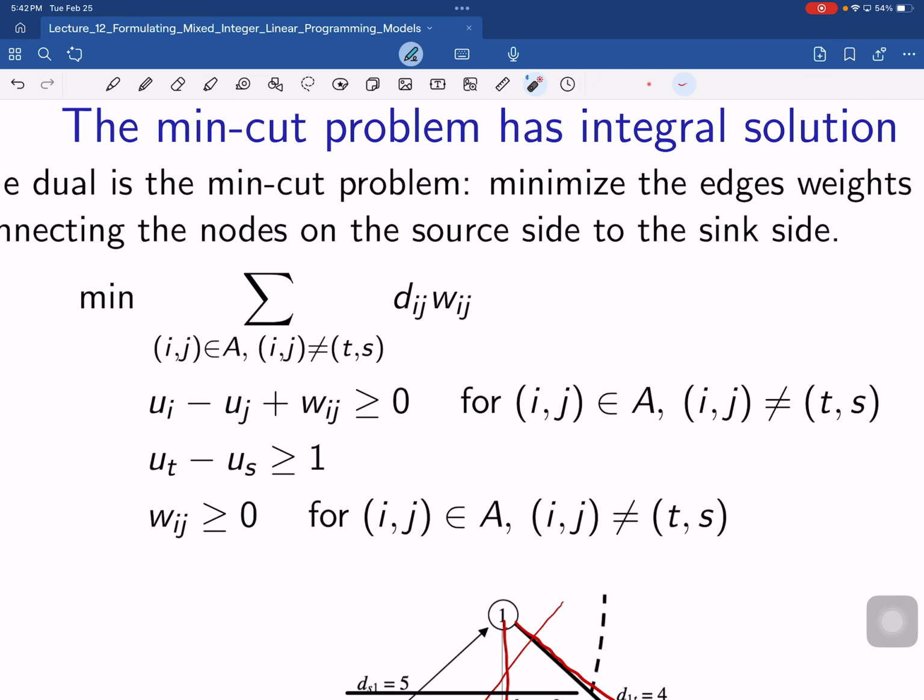Remember, Wij is the dual variable for the capacity constraint, and Ui, Uj are the dual variables for the mass balance constraint for each node.